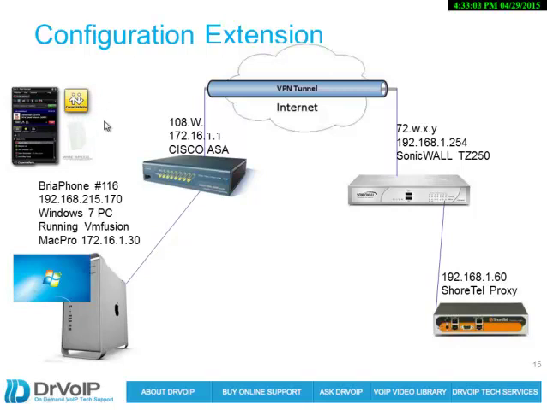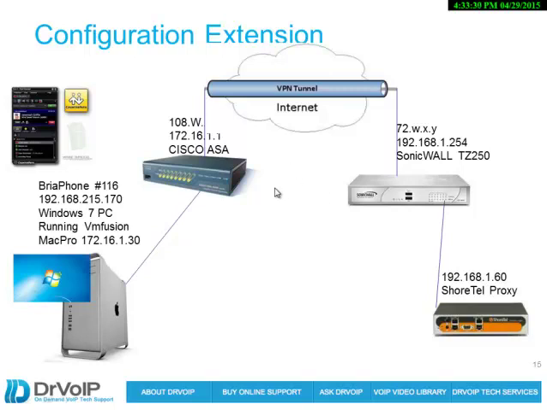But for this example, we've got Windows running on VMware on a Mac. We've brought up our Bria. We've configured the Bria. It is now pointing at a Shoretel Proxy, which is running on a ShoreGear switch. And you get there over a VPN tunnel. Now, in many cases, you're going to be doing this very configuration.